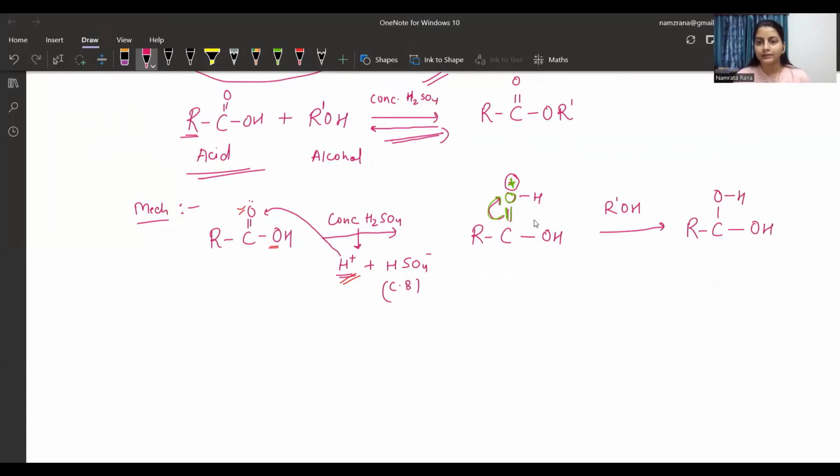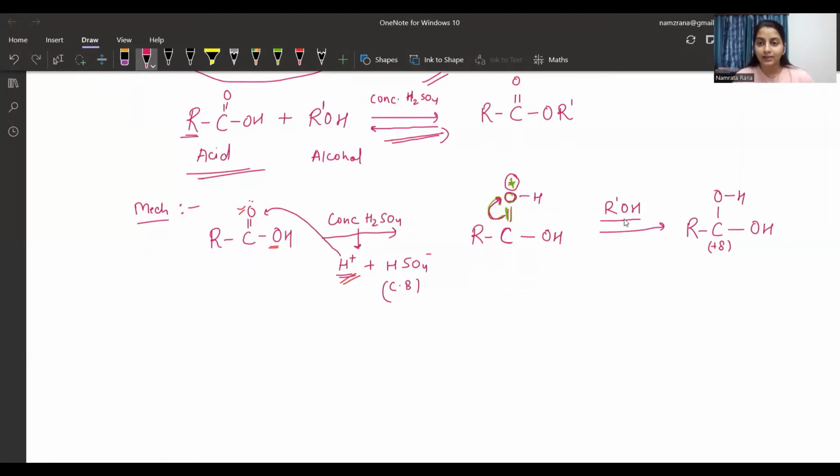Now, as the electron density between these two atoms, which is oxygen and carbon, is shifted towards oxygen, this carbon will acquire a partial positive charge for momentary, right?